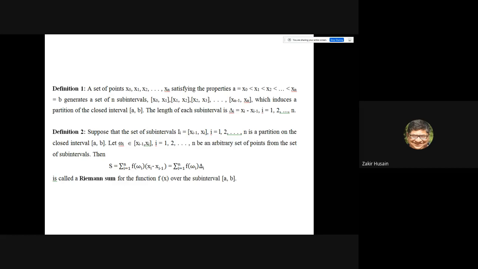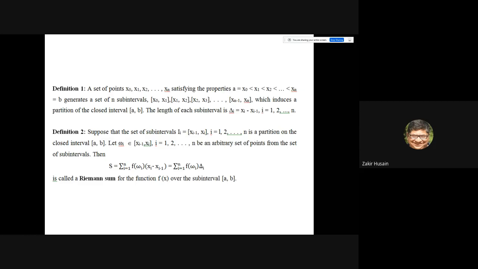Okay. A set of points x0, x1 up to xn satisfies the property that they can be ranked in this form. x0 is the lowest, x1 is slightly higher, and xn is the highest. We can generate a set of n subintervals. What are these subintervals? x0 to x1, x1 to x2, and so on.